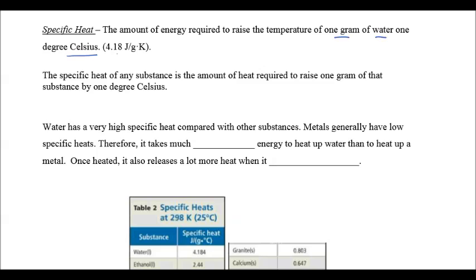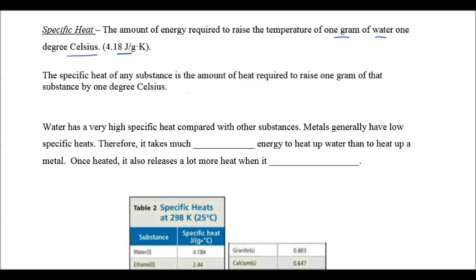For water, the specific heat is 4.18 joules per gram, and it can be a Kelvin or a degree Celsius. They are interchangeable. So the specific heat of any substance is the amount of heat required to raise 1 gram of that substance by 1 degree Celsius.